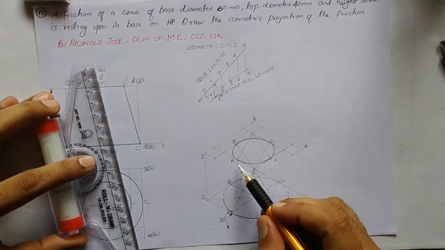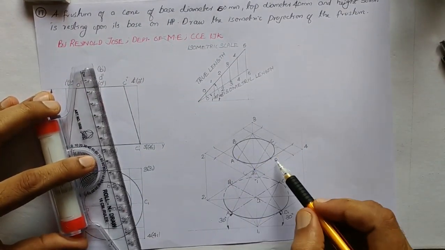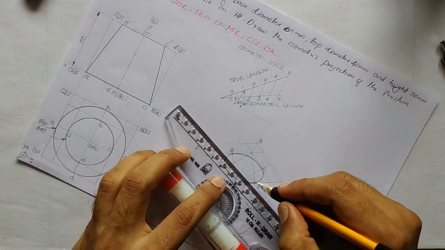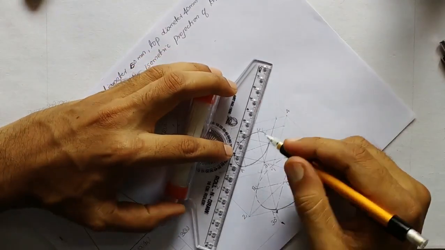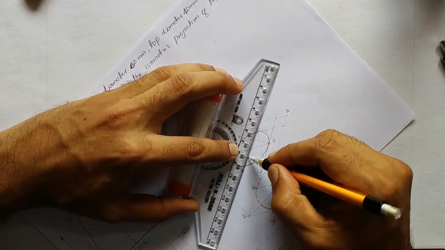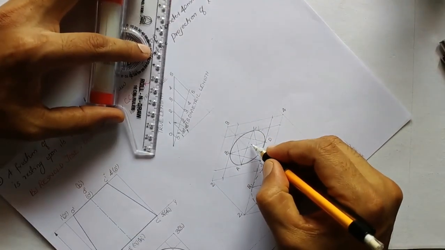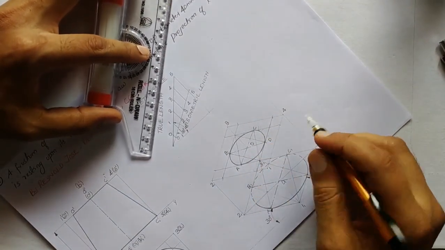Now we shall draw two axes of symmetries connecting AC and BD using chain thin lines. So this meeting point is point O.